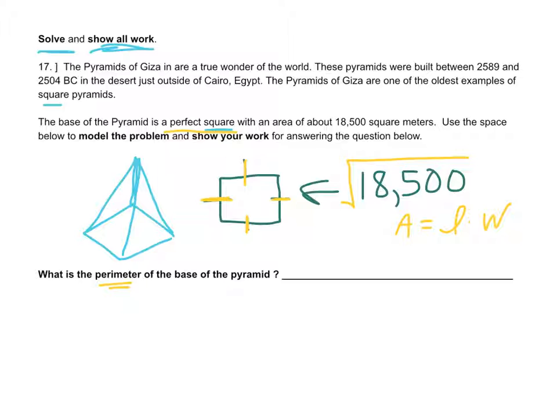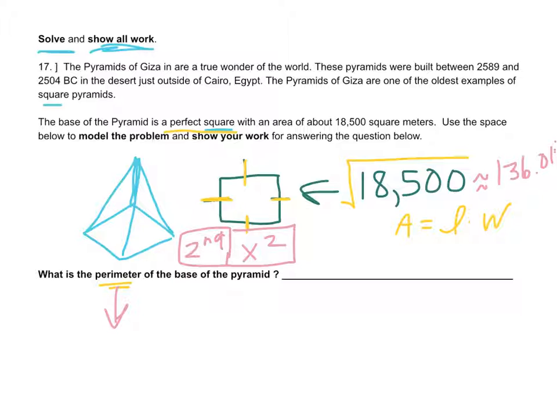So remember, in our calculators, we would do second function x squared and then put in 18,500. So when I put that into the calculator, I get approximately 136. Now it does trail on. It's not a perfect square, so it's going to go on. For our purposes, I would round that to 136.